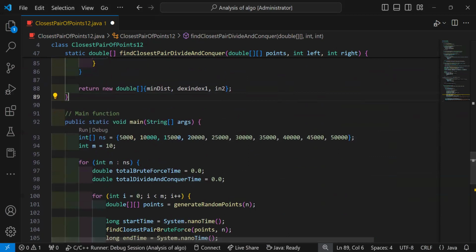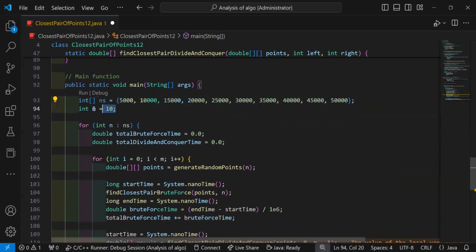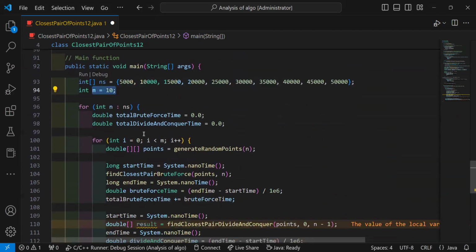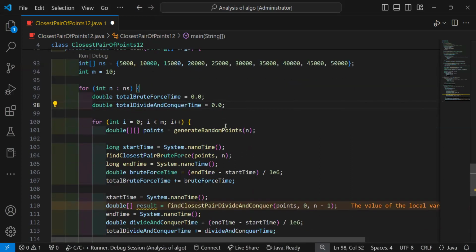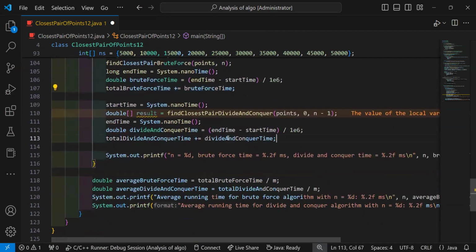Now for the main method, I use 5,000, 10,000, and up to 50,000 points, and it has 10 iterations. For finding the time, I use the total brute force time and total divide and conquer time variables. They are initialized as 0. For finding the milliseconds, I used 1e6, which shows the milliseconds for brute force, and also for divide and conquer.